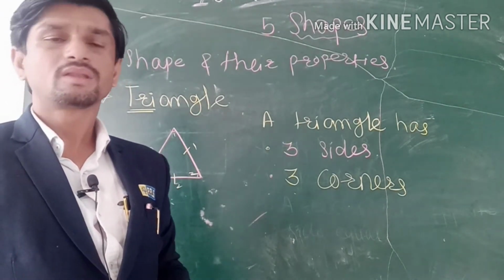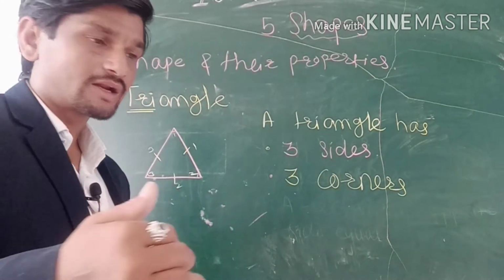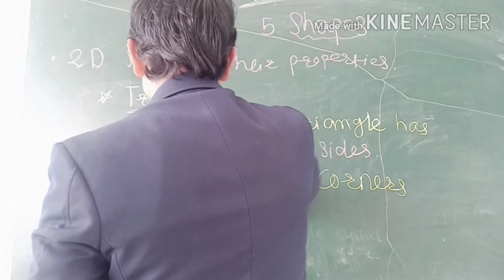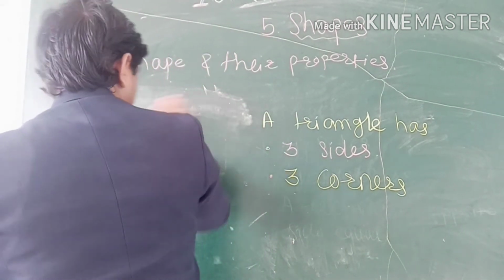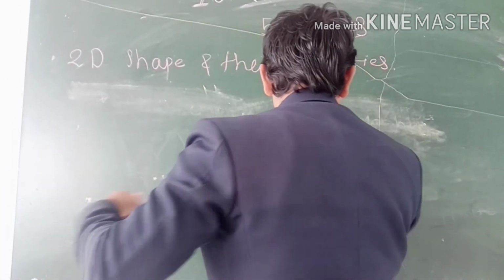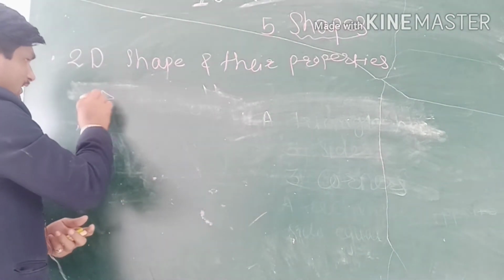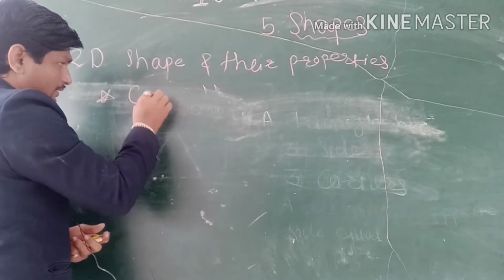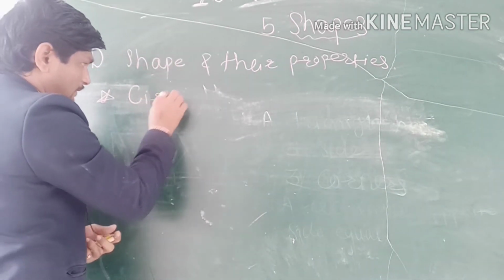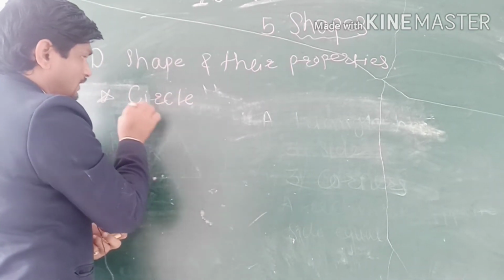Now next we have to see in this point circle. We will see. Okay. Now next point we will see in this shape, circle.